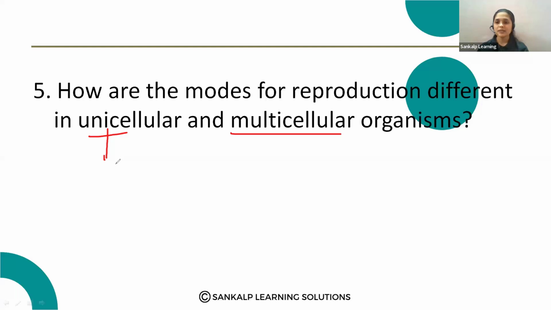Unicellular organisms have a single cell that performs all the activities, and multicellular organisms have more than one cell, millions of cells we can say. So let us see the difference between these modes of reproduction in unicellular and multicellular organisms.